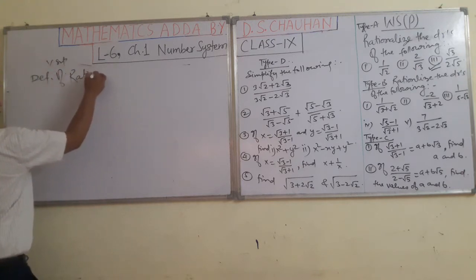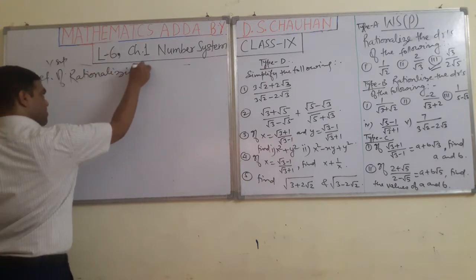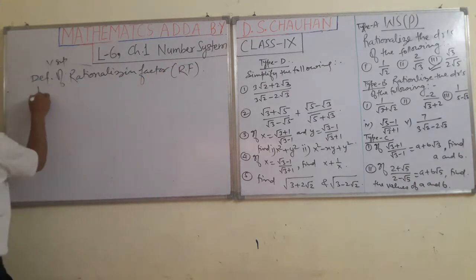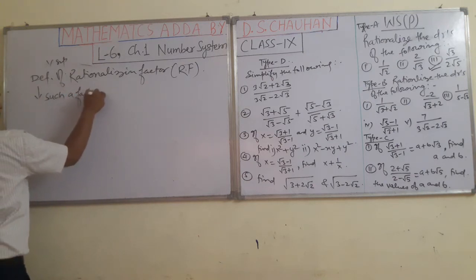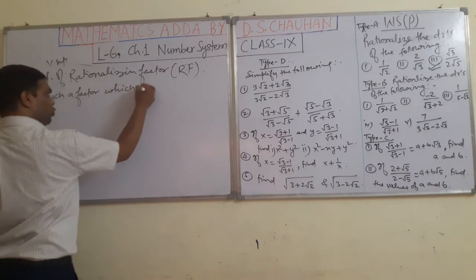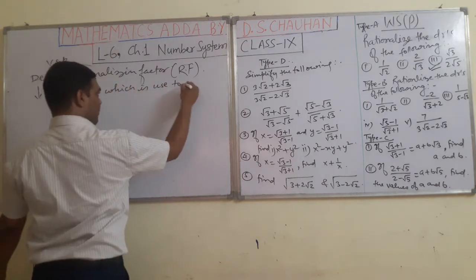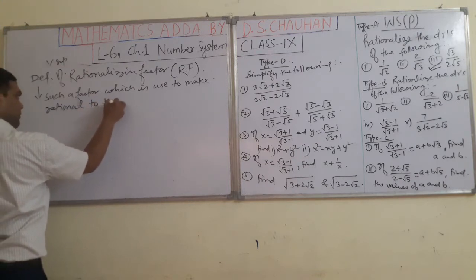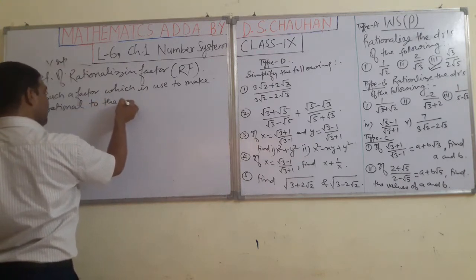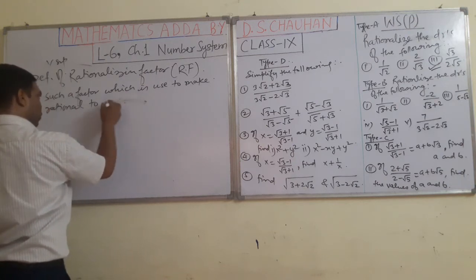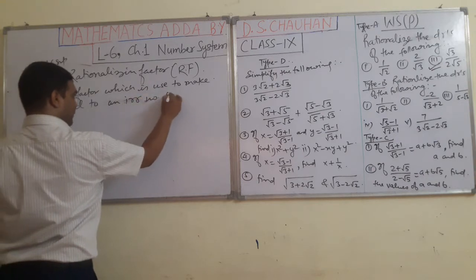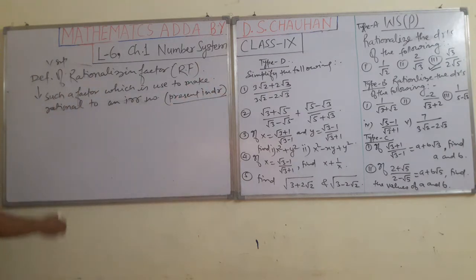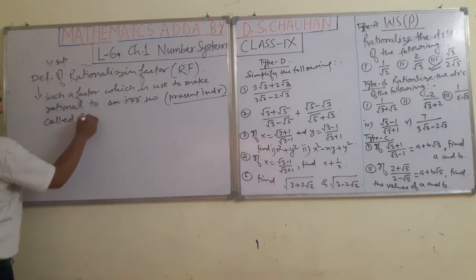Rationalizing factor, RF: such a factor which is used to make an irrational number rational, in all these questions present in the denominator, is called the rationalizing factor, called RF.